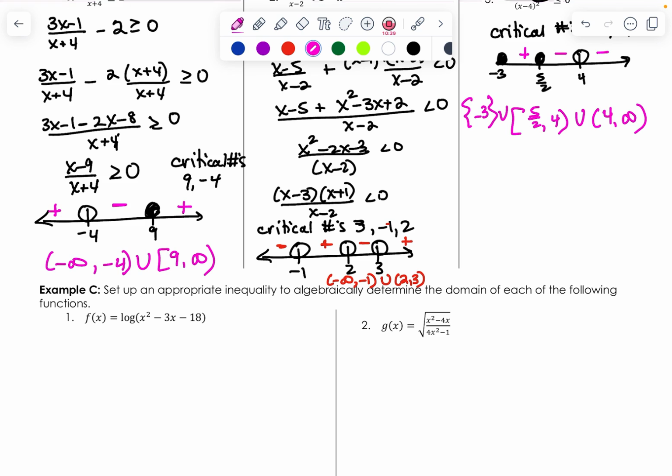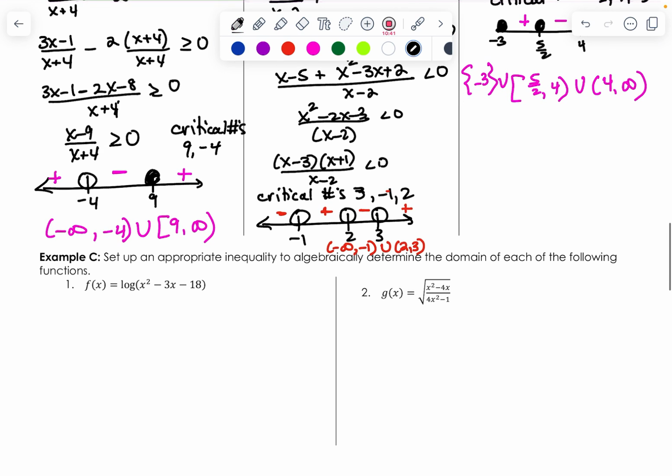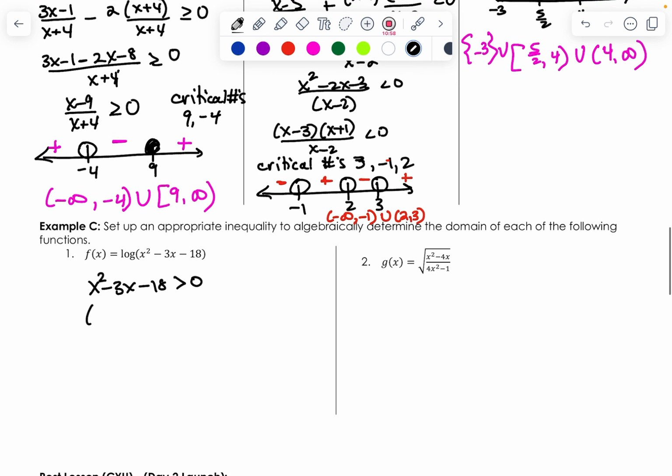In example C, we looked at this in the notes with 2.2. If I want to find the domain of a logarithm, I have to set the inside of the log strictly greater than 0. That factors. So my critical numbers are 6 and negative 3.